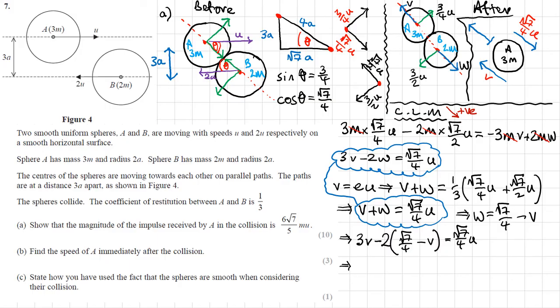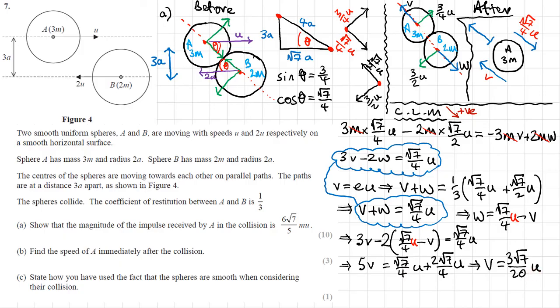I'll get 5v. Then on the other side, I will get root 7 over 4u plus 2 root 7 over 4u. And you'll notice that I missed out a u here and here, so I'll put those in. And that gives a value of v as 3 root 7 over 20u.